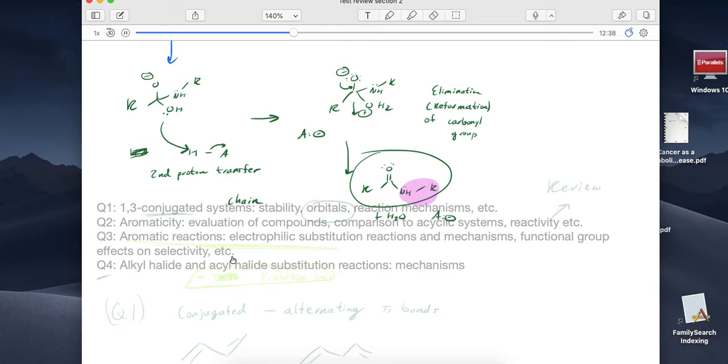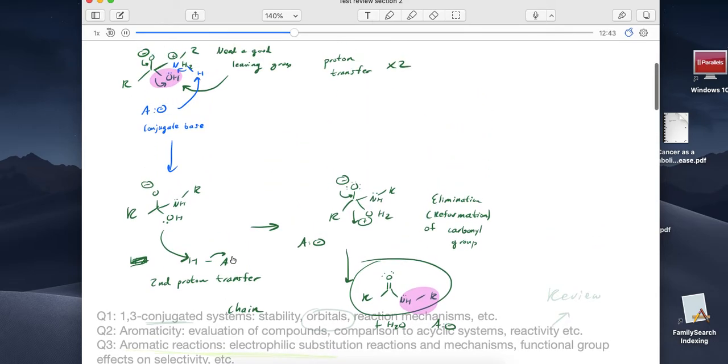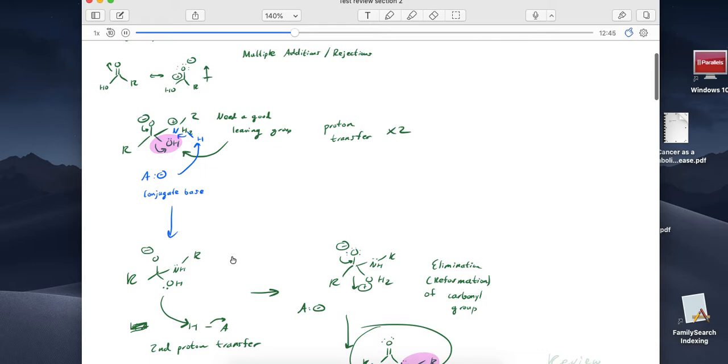Yeah, what's your question? Can you go to the step in blue again? Oh, yeah, got distracted. So like I said earlier, you can either draw it as this OH just pulls off the hydrogen from the nitrogen.